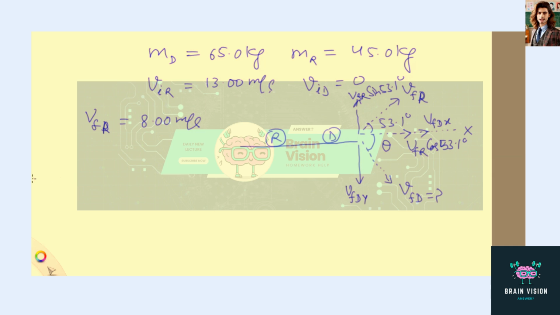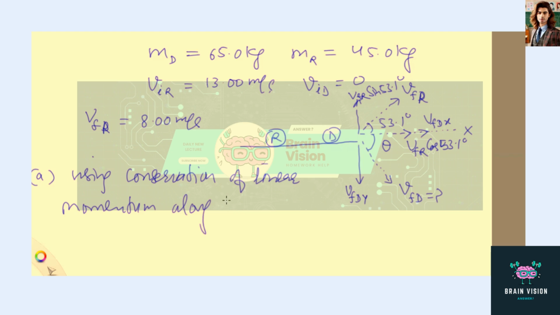Now, in the first part of the problem, we have to find the magnitude and direction of the final speed of Daniel, for which we use conservation of linear momentum along the x-axis.